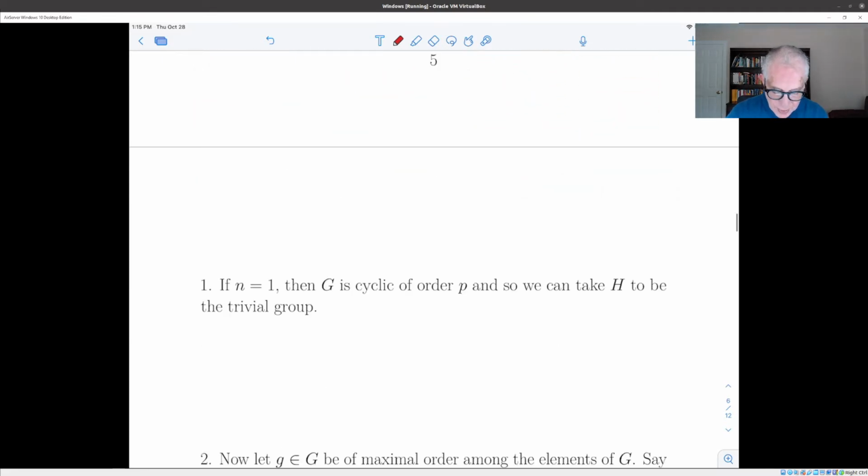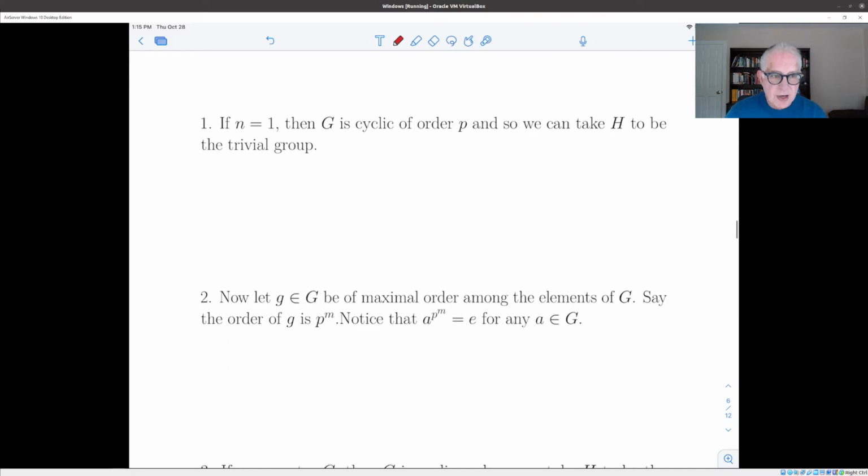I've kind of given away the whole punchline, but let's work our way through it now. So the induction is on n, where the order of G is p to the n, and we're going to assume that if the order of G is p to the k for k less than n, then the result is true.